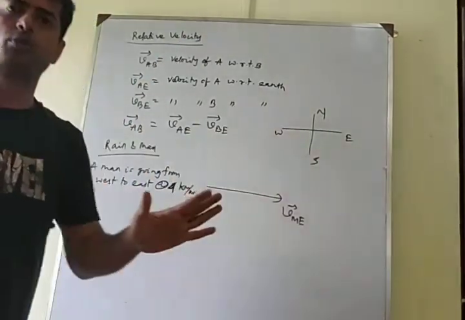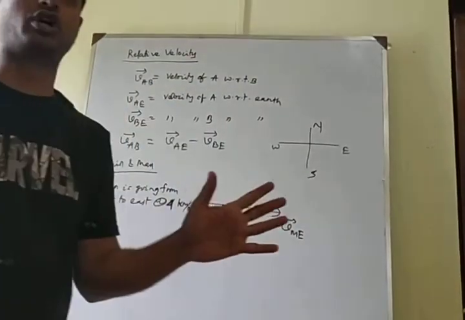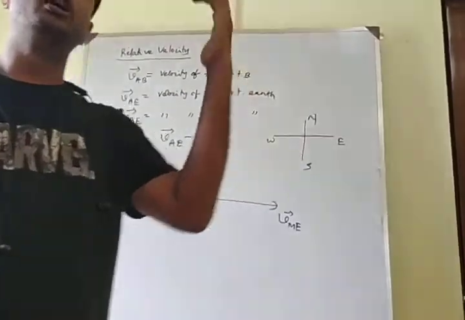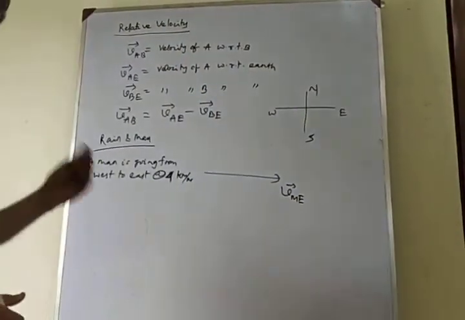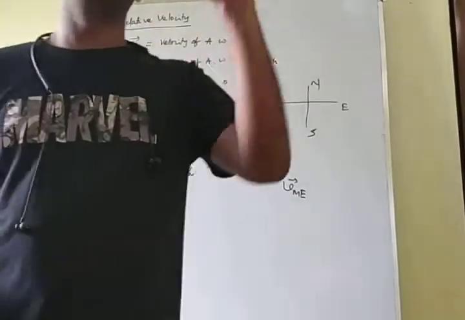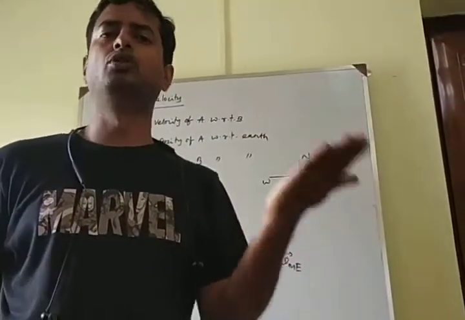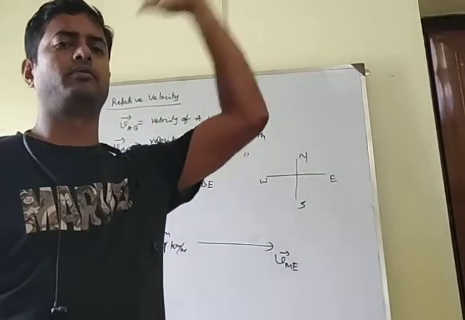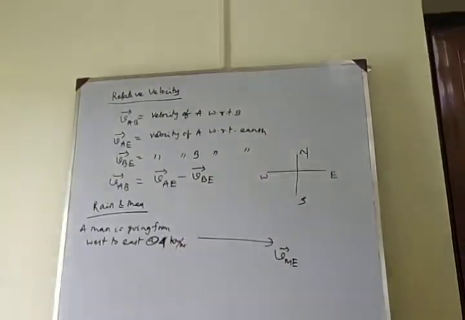Rain will never fall from the east direction, neither from north, west, or south. It will be at some angle with respect to vertical. So remember, south, east, west, north will be in one plane, and vertical is perpendicular to the plane containing them.